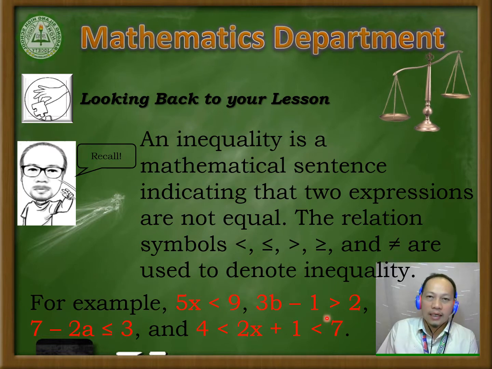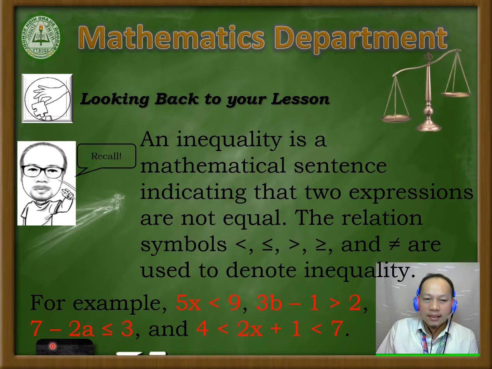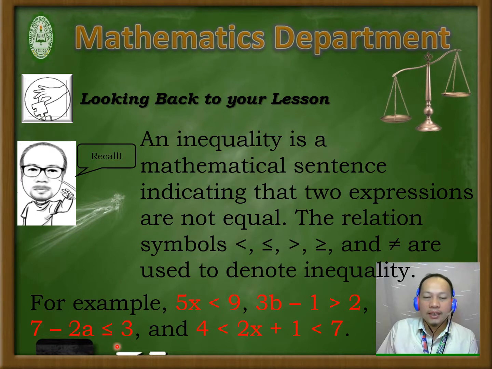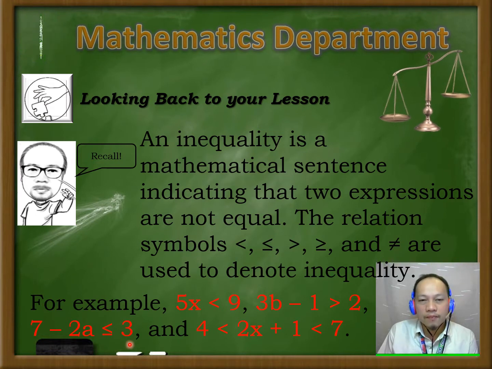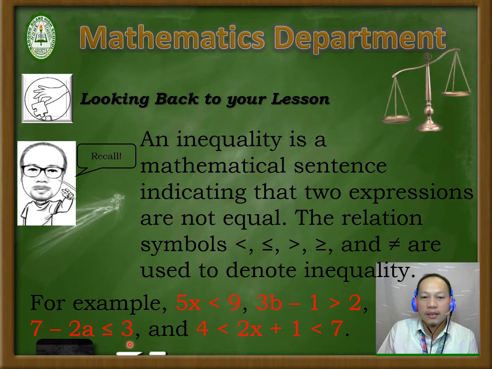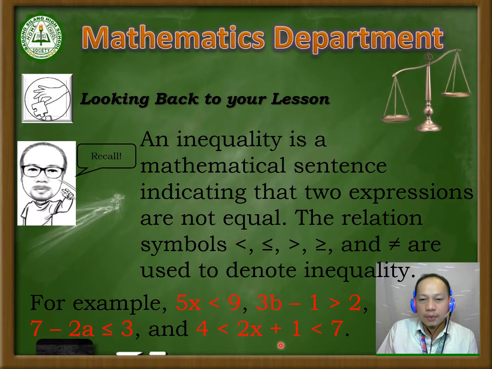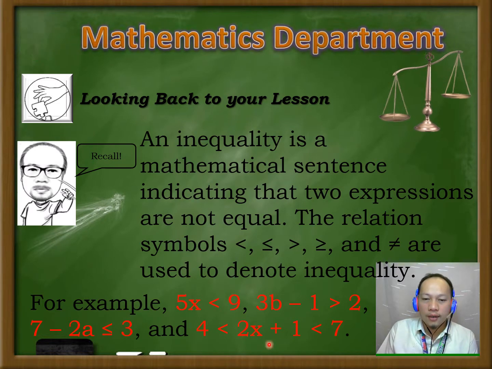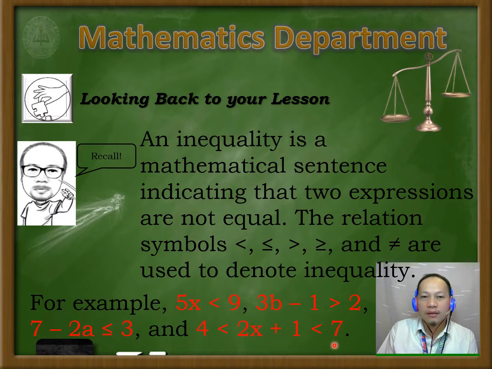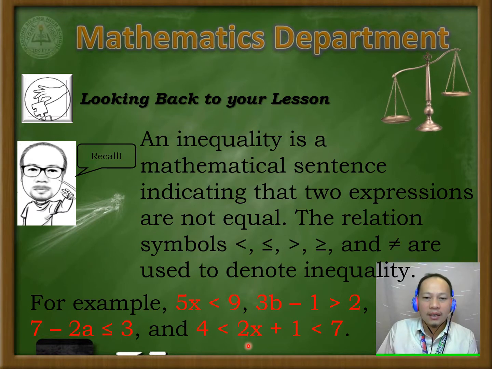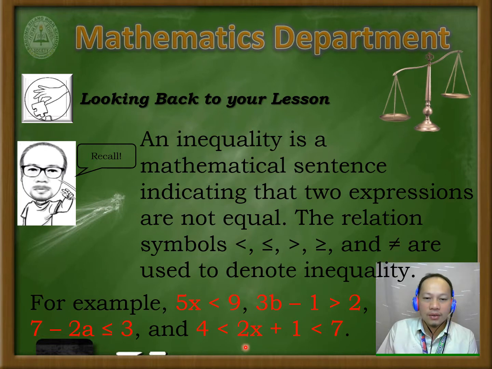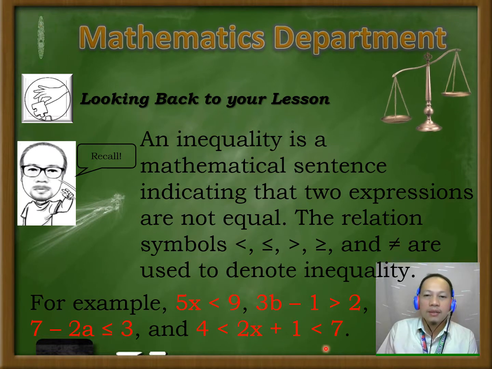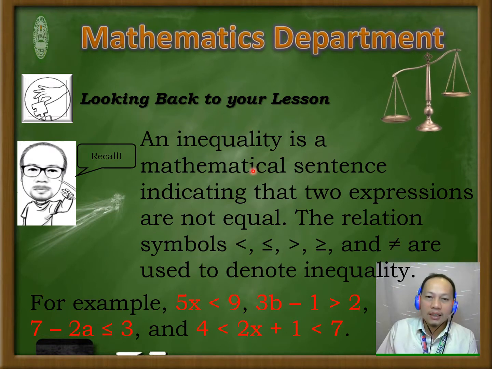It's also an inequality. 7 minus 2a is lesser than or equal to 3. It's also an inequality. And 2x plus 1 is greater than 4 but lesser than 7. It's also an inequality, though it has two relation symbols, but still it's inequality.